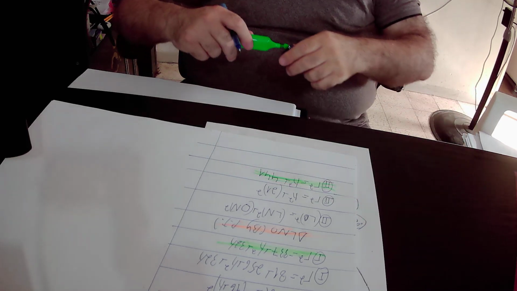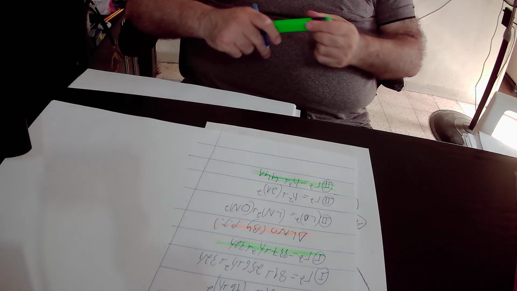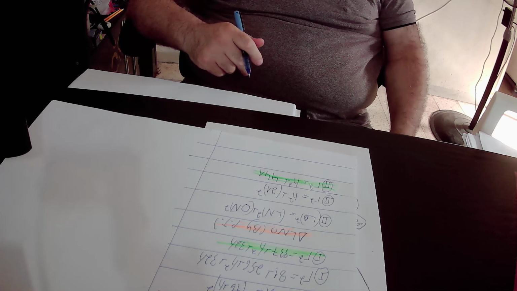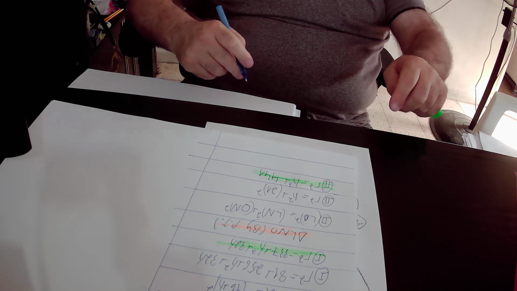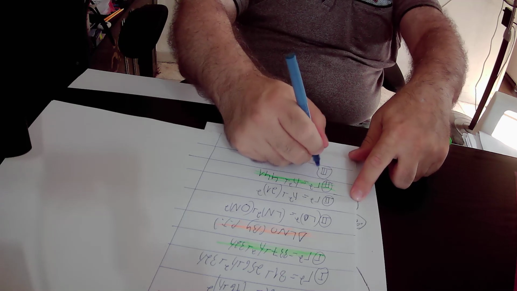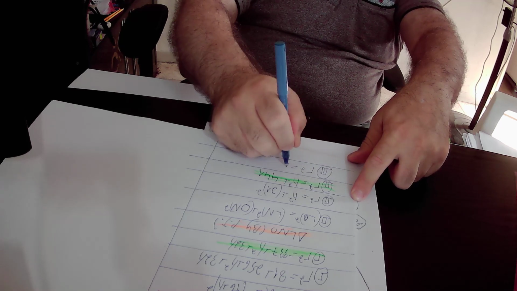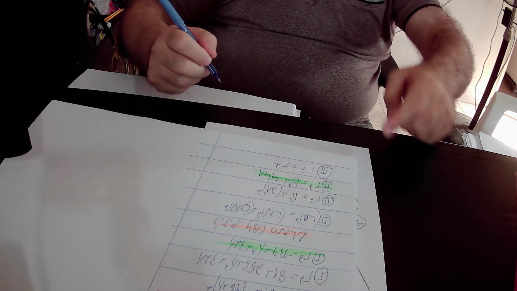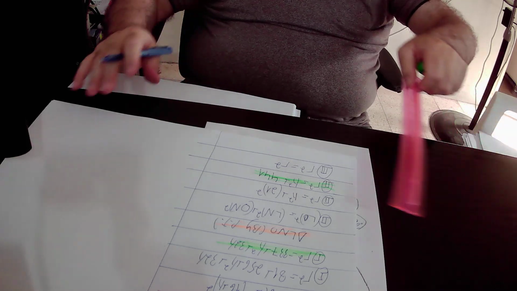So we have two different expressions for r square. In the next step, we'll create equation number 3 that states that r square according to equation number 1 must be equal to r square according to equation number 2. Okay?